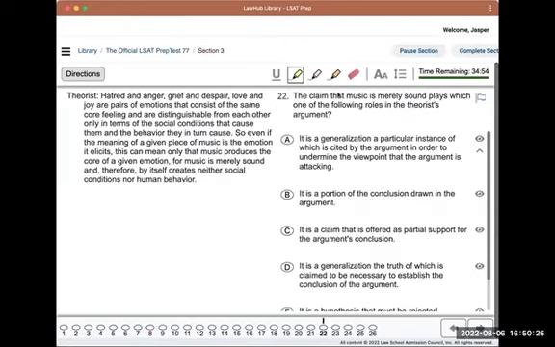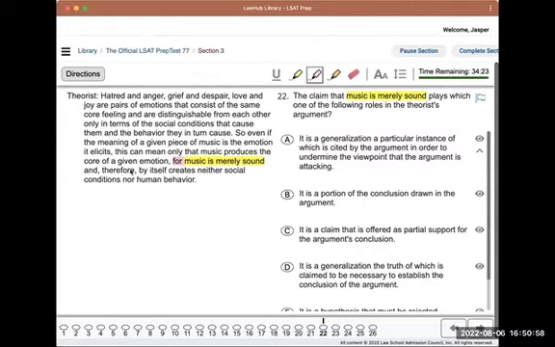Okay, the claim that music is merely sound plays which one of the following roles? Okay, where does it say that music is merely sound? Here. What are the words around it? So the word for, likely we could replace that with the word because. You can't always do that with the word for. It does play a few different roles in sentences grammatically, but in this one, it is introducing support.